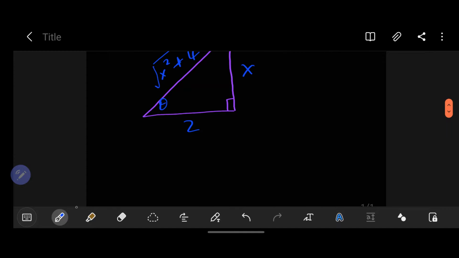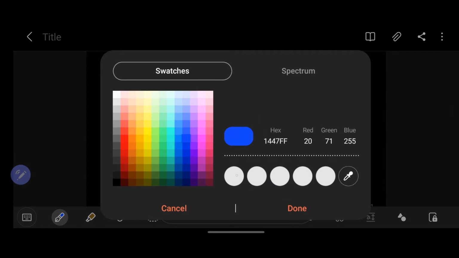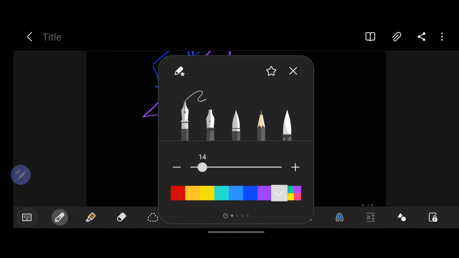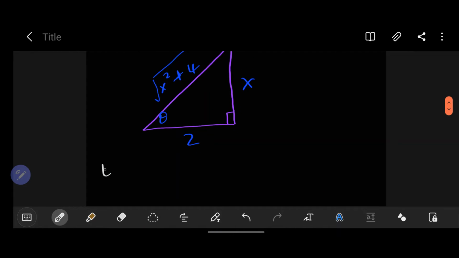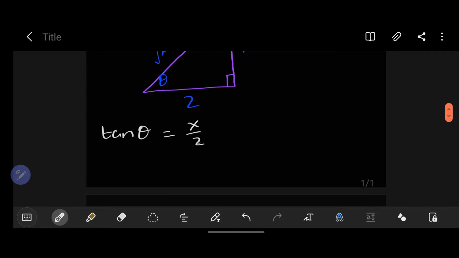Now I can write this in the form of tan theta is equal to x over 2. And then I make x the subject of the formula, which means I have x is equal to 2 tan theta. You see, 2 is my a, and then tan theta. So this is how I get a tan theta.